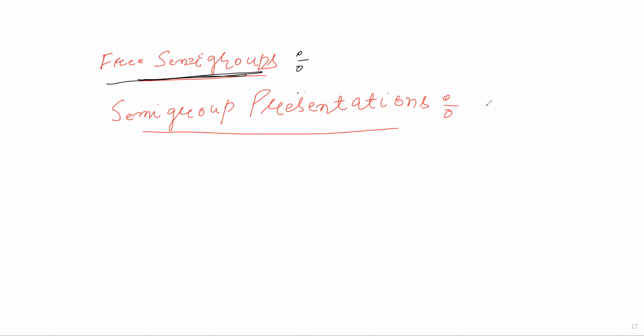So suppose you have a semigroup. Let S be a semigroup. We have proven a result while discussing these free semigroups. So we have proven a theorem.